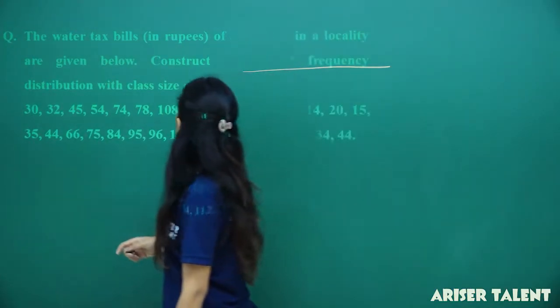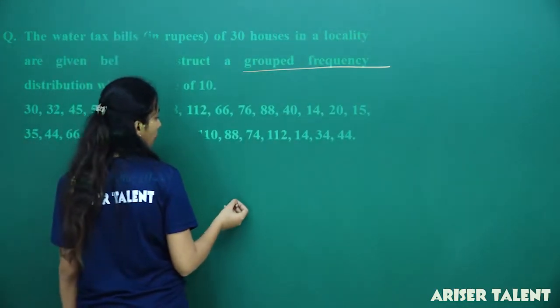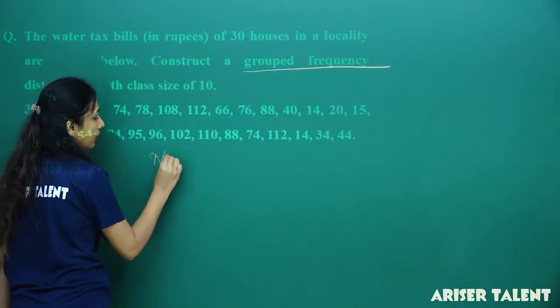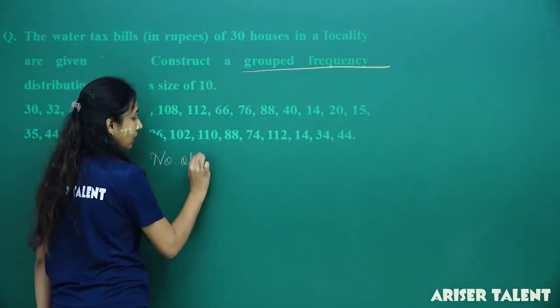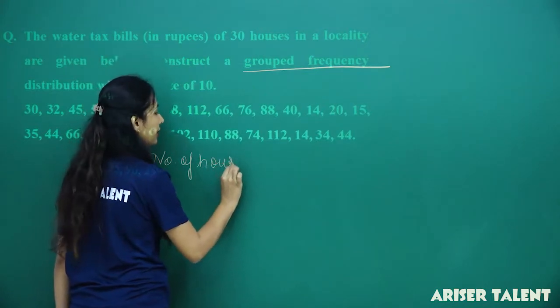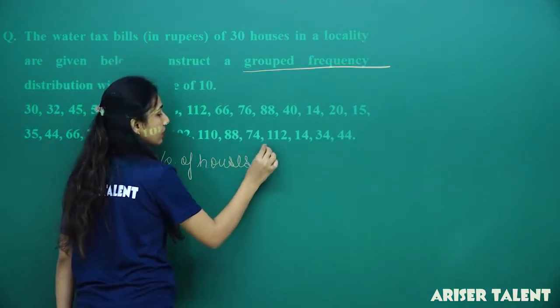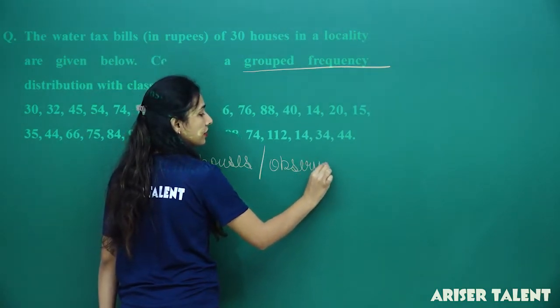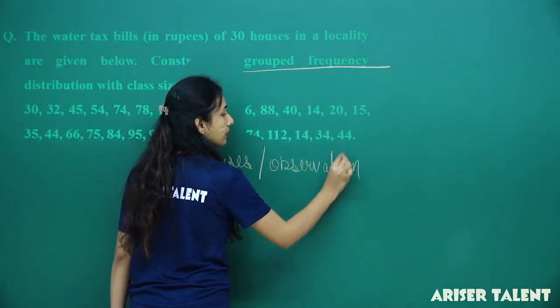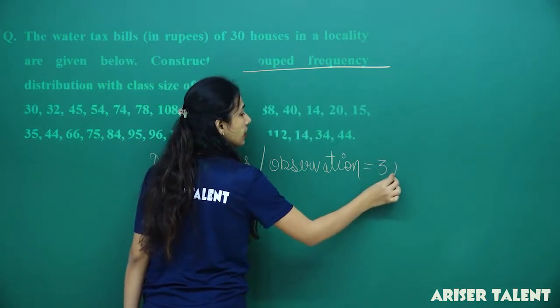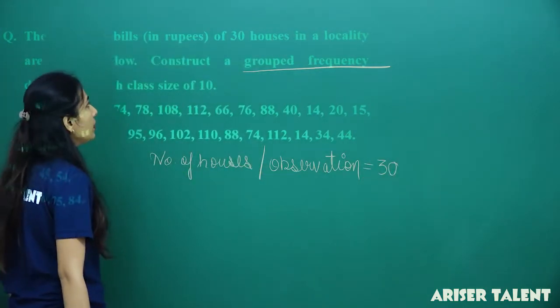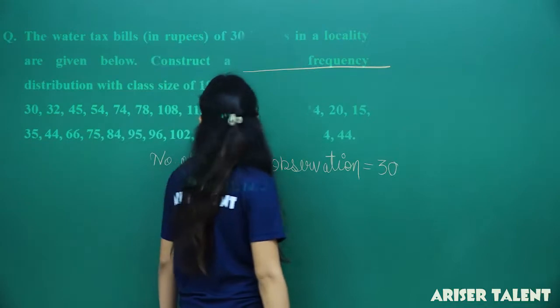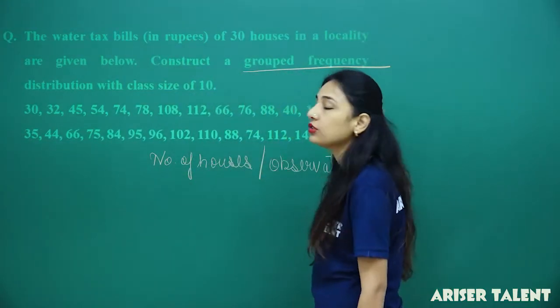So they are the numbers of 30 houses. Number of houses, or you can say observations, equals 30. Now you have to make a grouped frequency distribution with the class size of 10.